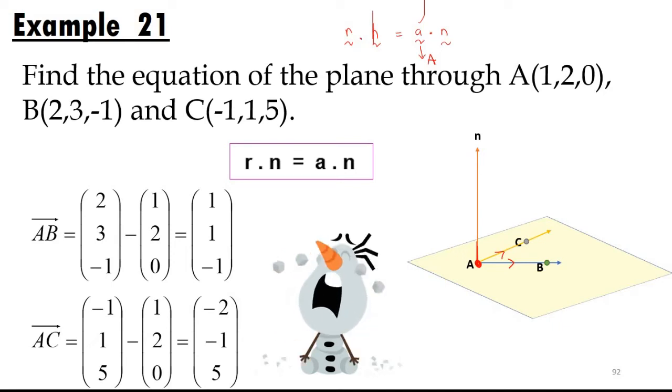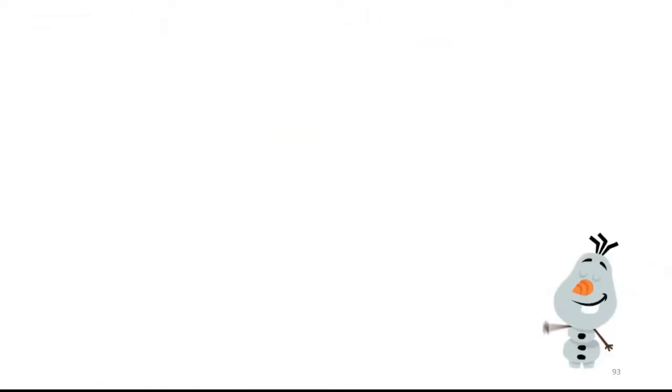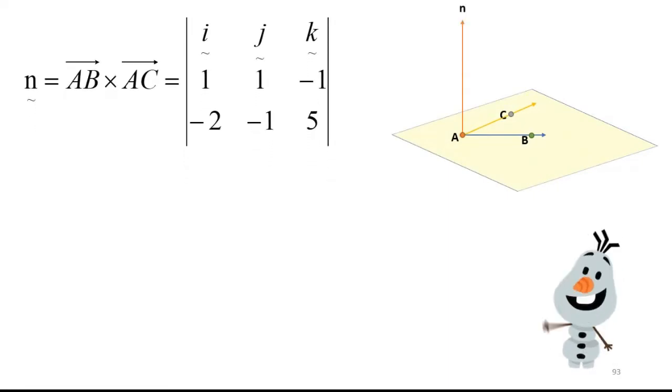Direction vector yang kita dapat, kita akan crosskan supaya kita dapat normal. So you cross the two things there. We cross (1, 1, -1) with (-2, -1, 5). First, tutup i, we got 5 minus 1.